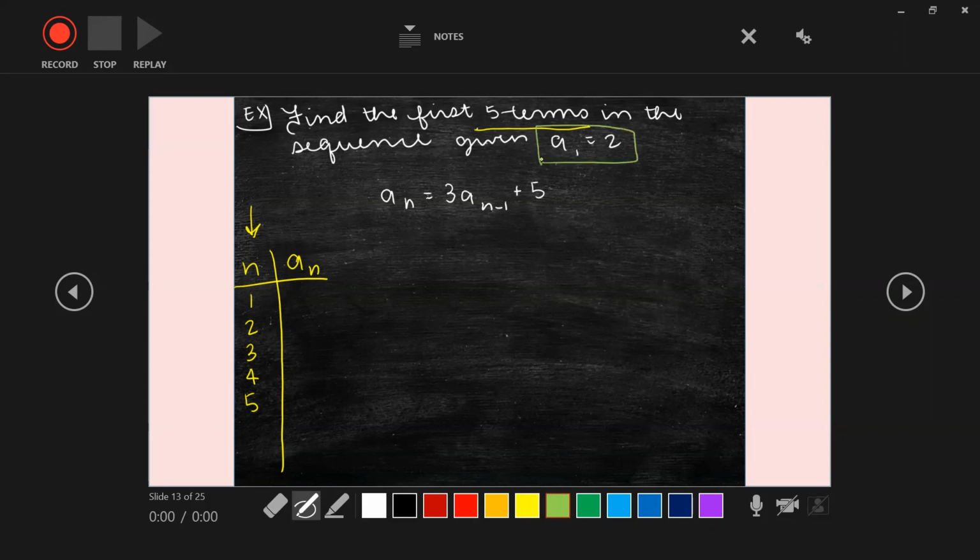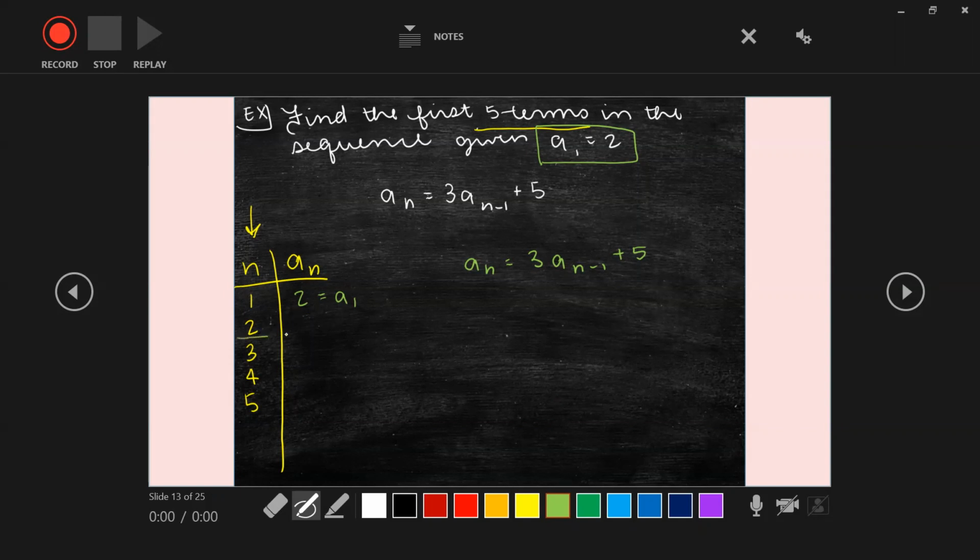I also have this a sub 1 is equal to 2. I can put that somewhere. Where is that, Josh? Right under a sub n. Yeah, right next to 1. So whenever I look at this equation, a sub n is equal to 3 times a sub n minus 1 plus 5, the way that you start out is you go, okay, I already have 1, so I don't need to start at 1.